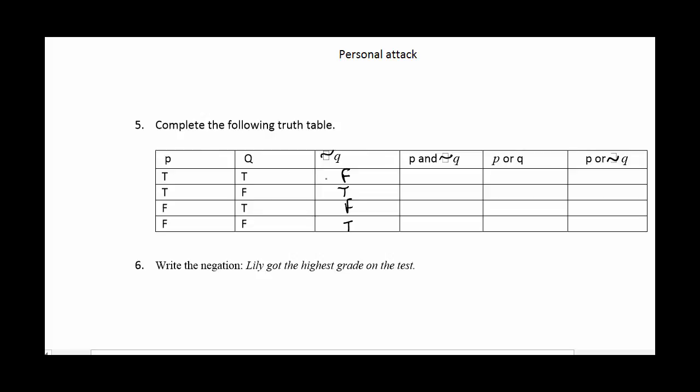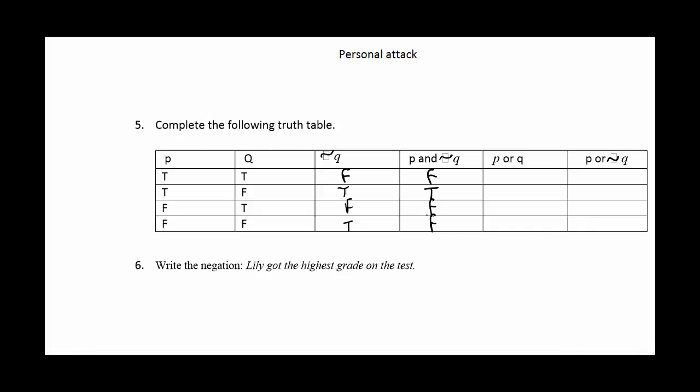So T and F would be an F. T and T would be true. F and F would be F. And F and T would be F. Yeah, ands are very hard to get trues out of simply because they both have to be true in order for that to work. Okay, next up, P or Q.